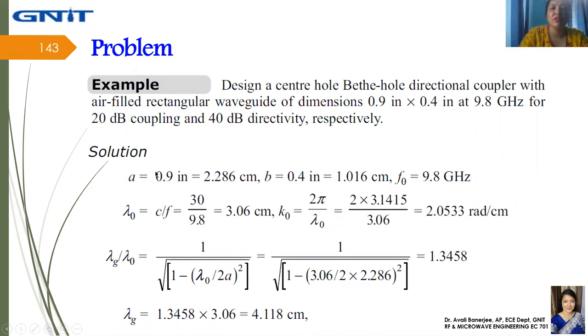Now the solution. From the question, the given data are A and B, and we know F0, that is 9.8. Then from there we will calculate lambda 0, which is equal to C by F. That we have obtained as 3.06, all in centimeters.